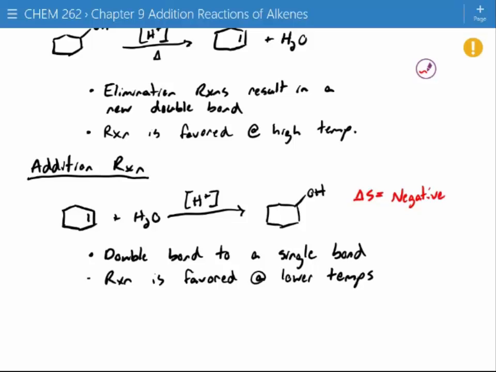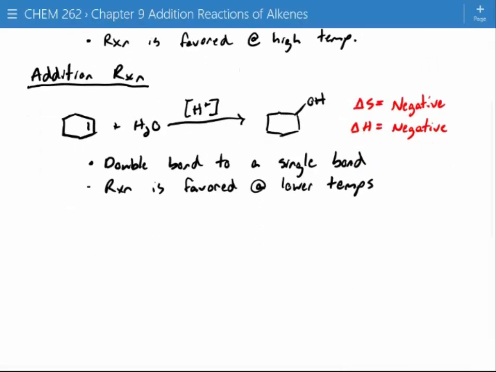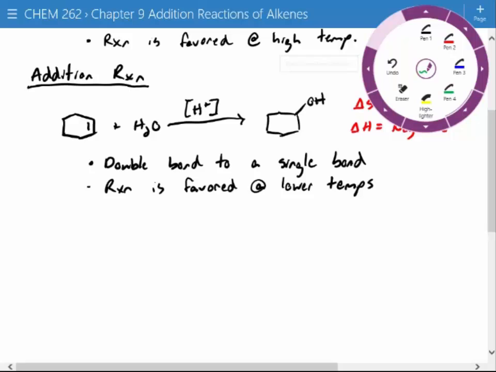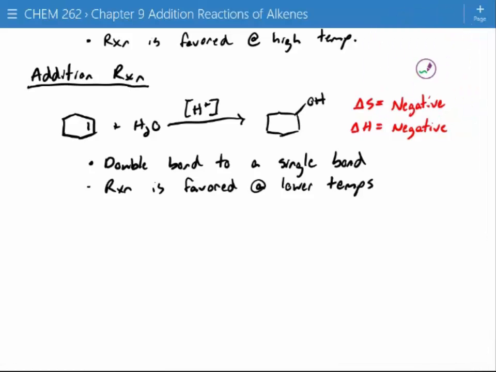And if we go through and we look at our bond dissociation energy table and we actually calculate delta H for this reaction, we would see that delta H is also negative. So we're in kind of a unique boat where we've got both delta S and delta H negative. So if you remember back, I can't remember which chapter it was, in the chapter on thermodynamics we had one really important equation.